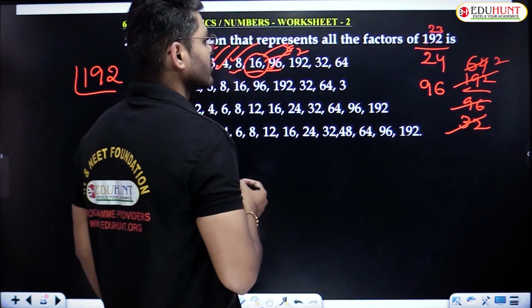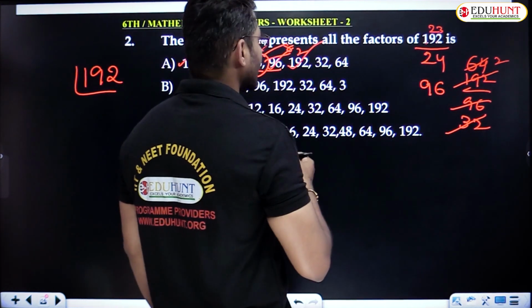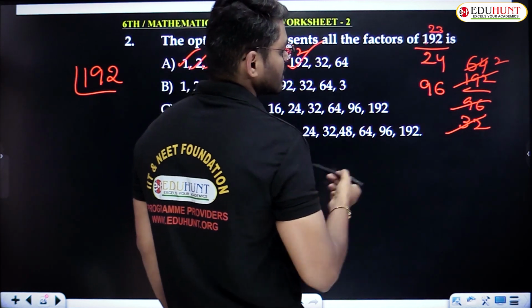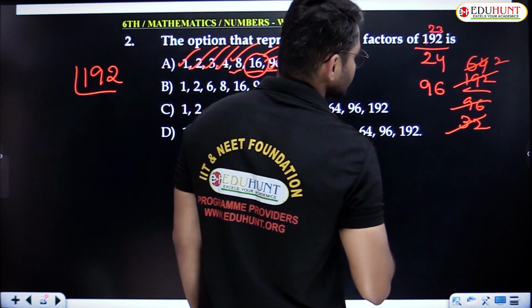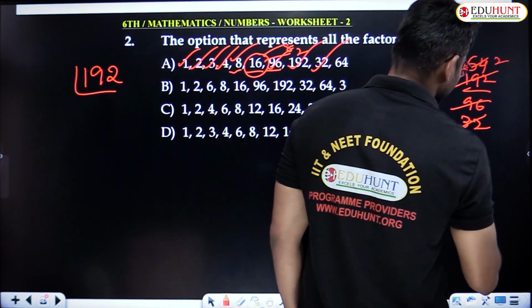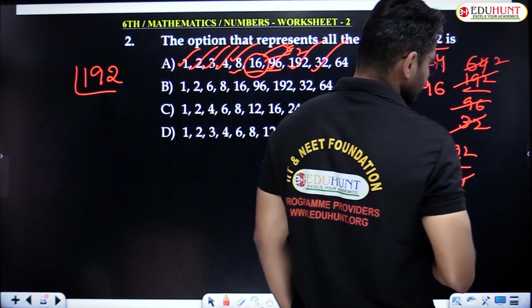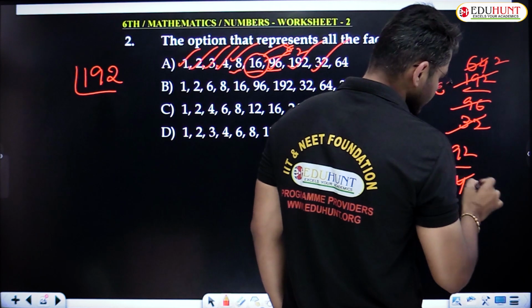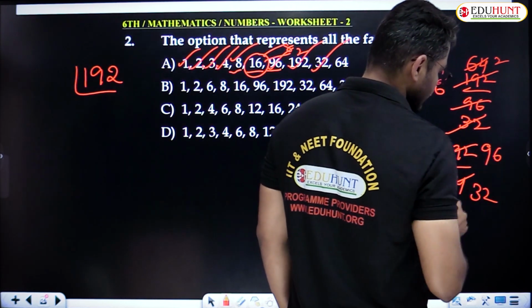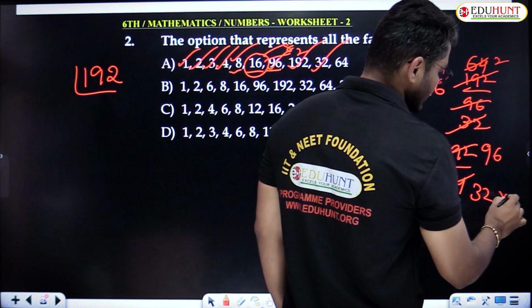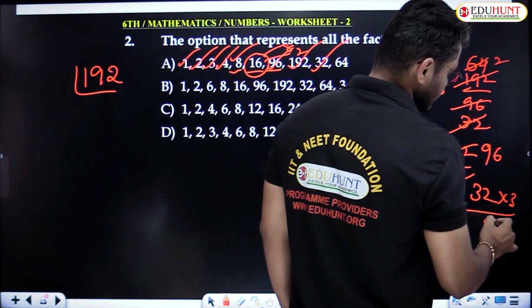Next, 192. 192 itself is a factor, and 32. So 32 ones it is possible. Okay, 64. 192 by 64. Okay, 2 32s, 2 96. If I multiply by 3, 3 2s 6, 3 3s 9.